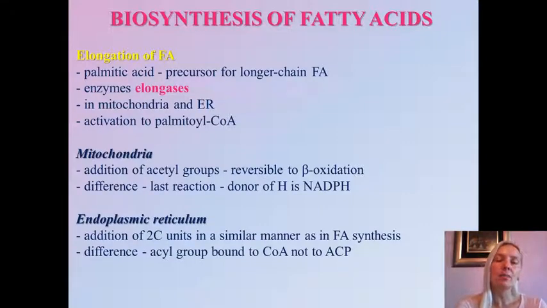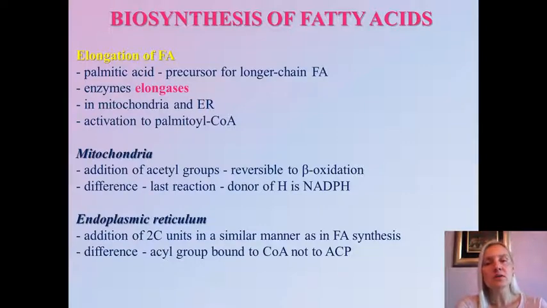Meanwhile, on the endoplasmic reticulum, we have the addition of 2 carbon units in a similar manner to what we described for the fatty acid synthesis. So malonyl coenzyme A is added to the elongating chain. But the difference is that the acyl group is attached to coenzyme A and not to ACP this time.